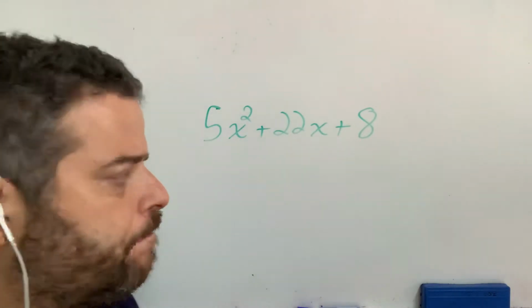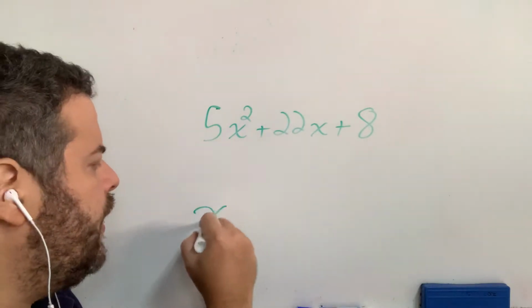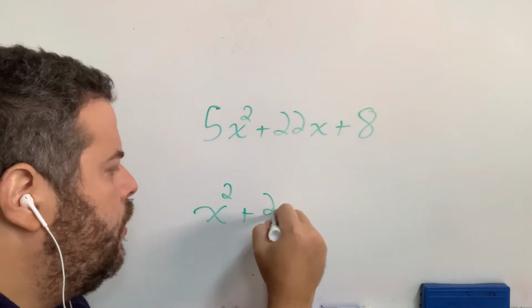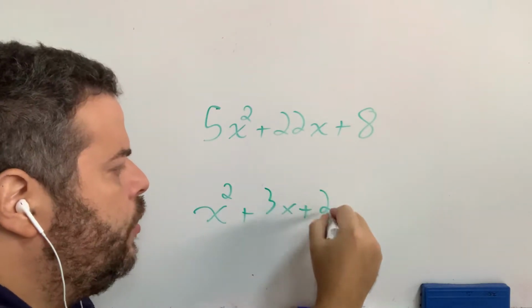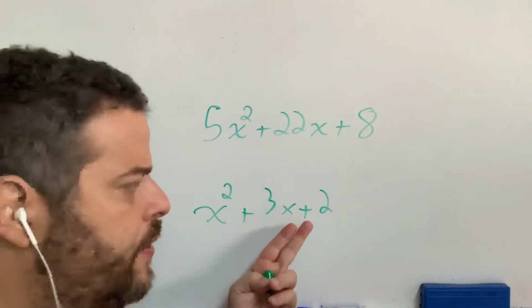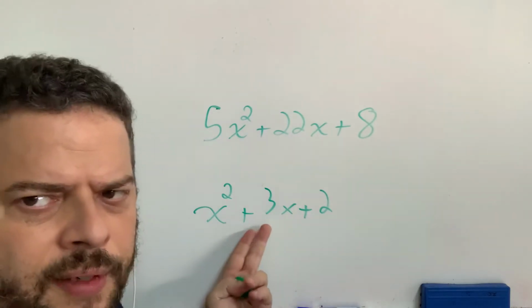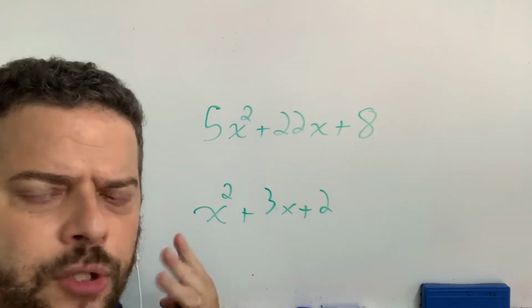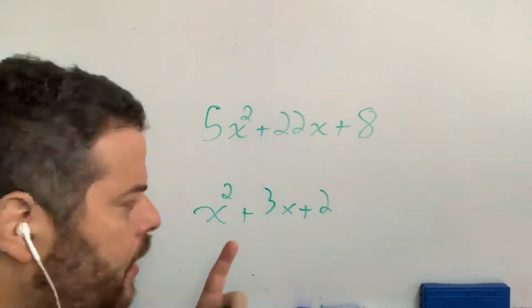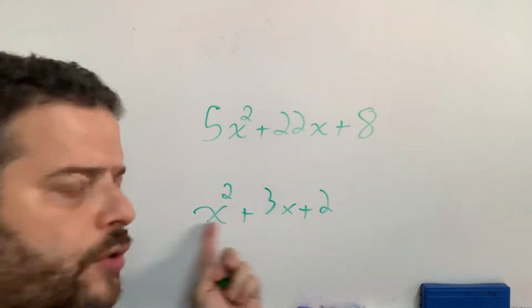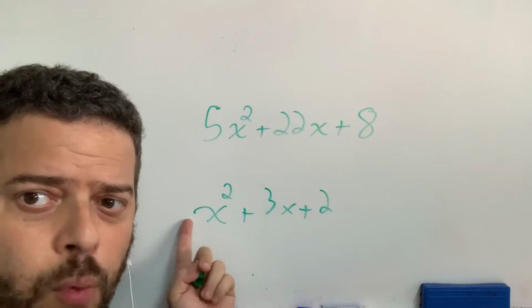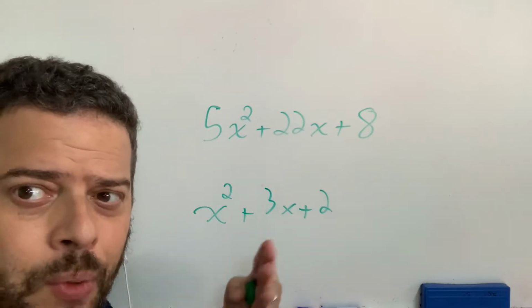Now initially, when you're looking at just a normal quadratic like we did last time, you just said, oh, well, just give me two numbers that multiplied give me this, and added give me this. But what you're actually doing is finding two numbers that multiply to give you the product of these two, which in this case is 1 times 2, you'd end up with 2.